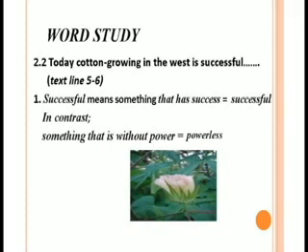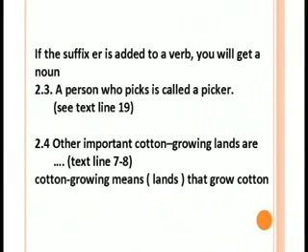According to this example, the remaining questions can be tried on your own. All the answers are provided for you in your study guide. After that, let's move on to another item. This exercise will help you know how to form nouns. If the suffix "er" is added to a verb, you will get a noun.